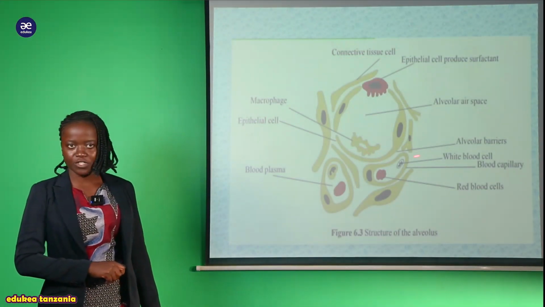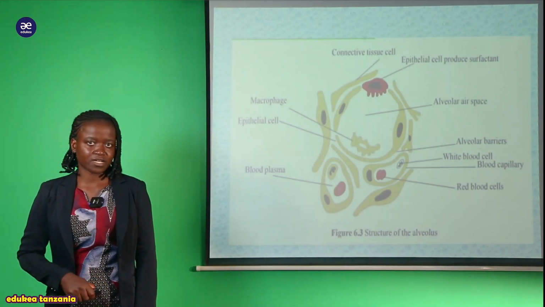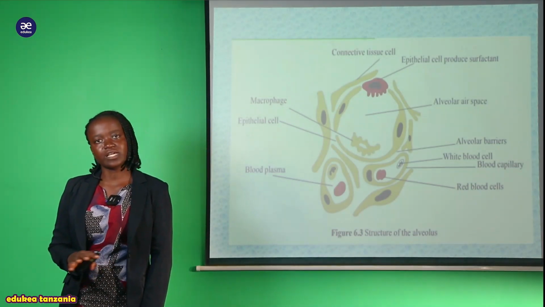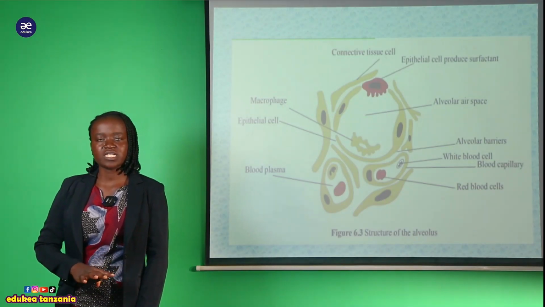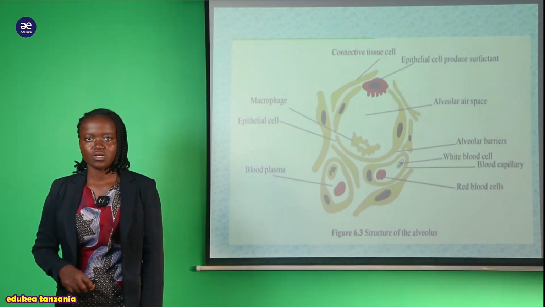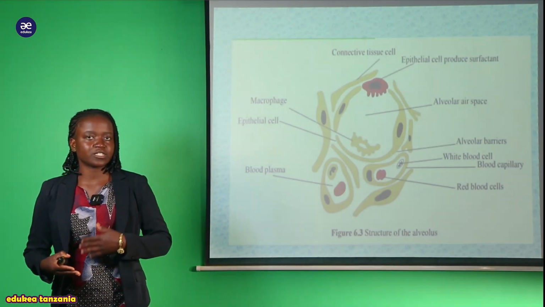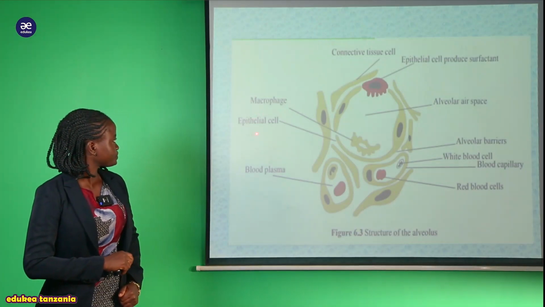We have the macrophage, which is produced by the surfactant. The purpose is for killing any unhealthy bacteria, viruses, and so on, which are not required in this region. So they tend to be removed by this structure called the macrophage.